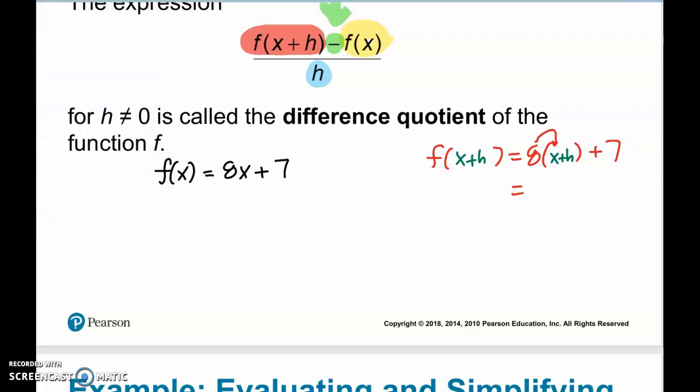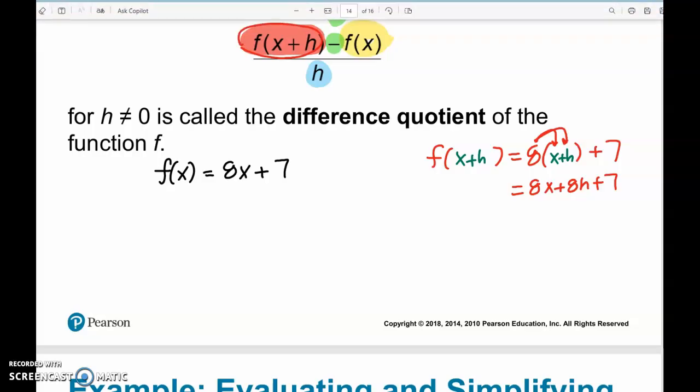Well, I cannot add x and h. They are not like terms, but I can distribute this 8 to obtain this. So let me write the difference quotient down here.